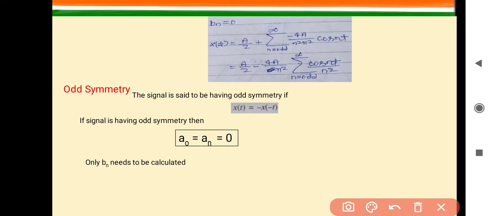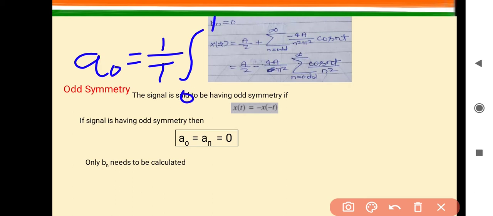But the point is, when x(t) has odd symmetry, the coefficients of the Fourier series a naught and an will become 0. We have to calculate only bn. Why do these values a naught and an become 0? Because, as we know, to calculate a naught we use the formula: 1 by T, integration from 0 to T of x(t) over one time period.